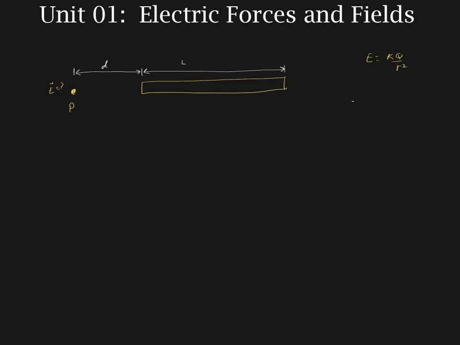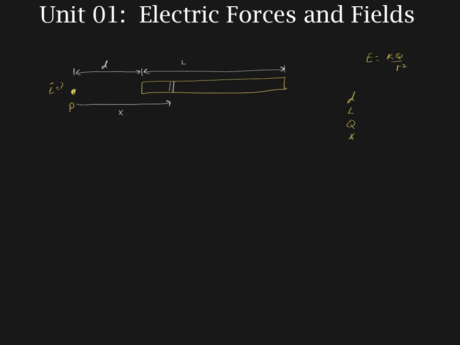We have D, we have an L. Now, we also have a Q for the charge, and it's not drawn on here yet, but we also have chunks of charge that we're going to have to deal with. They have a very small width, and they're going to be located at some distance x from the point that we're interested in.